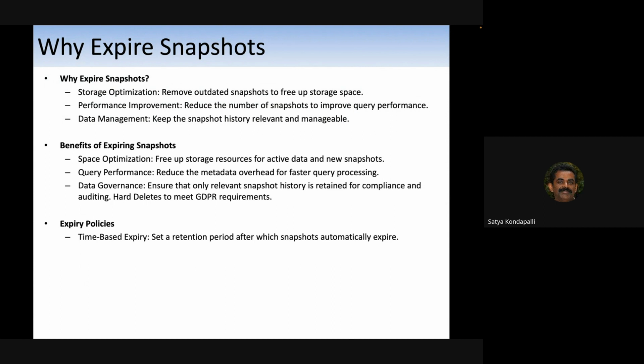But there is nothing like a setting at the table level that automatically expires; there is no TTL, time to live. You have to run manual cron jobs. Basically you need to create maintenance jobs and then automate them.